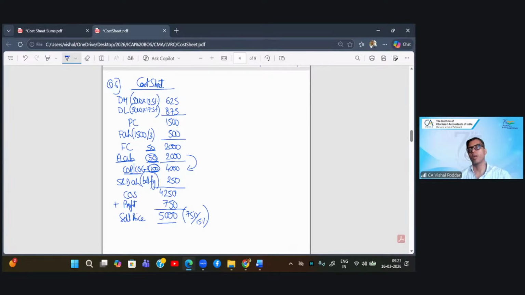So see, this is a pure mathematics driven question where all other values were given as a ratio. Only one value was given as a whole figure, which is the profit. And basis that profit, we derived these other values. Correct? Clear, students?